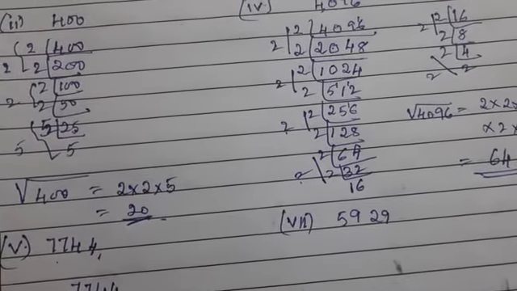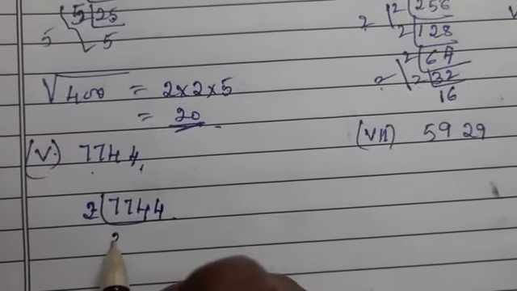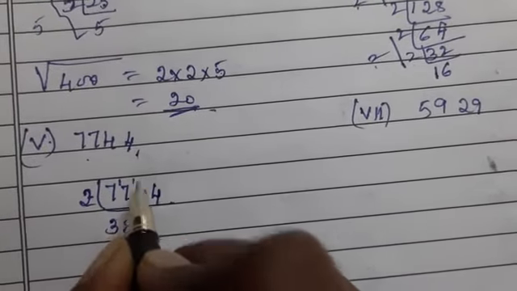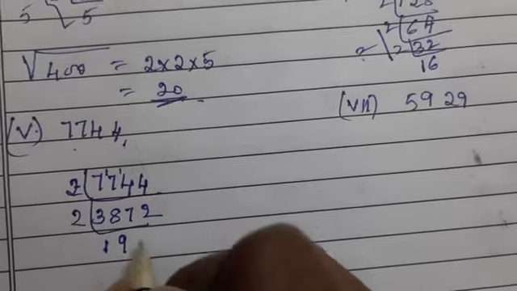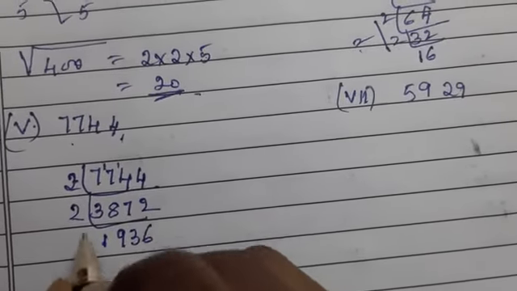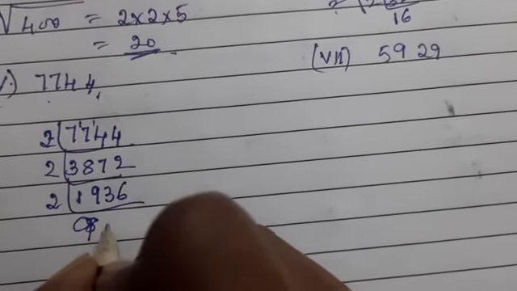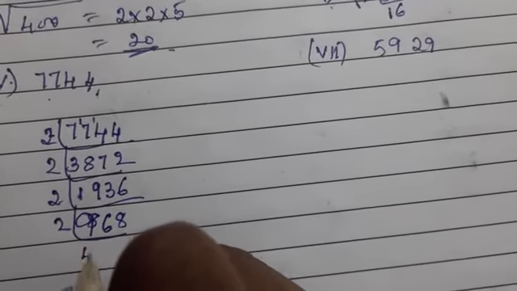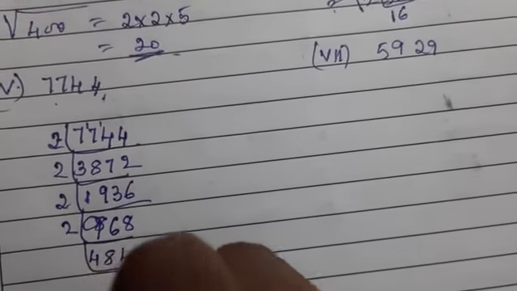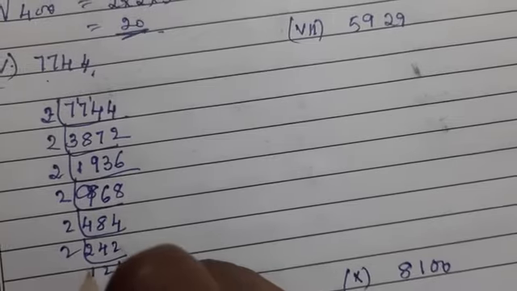7744. You have 2 only, so start with 2 itself. 2 3s are 6, 2 8s are 16, 2 7s are 14... 2 9s are 18, 2 6s are 12, 2 4s are 8... Finally you will get 121.